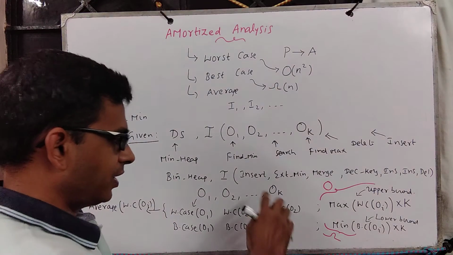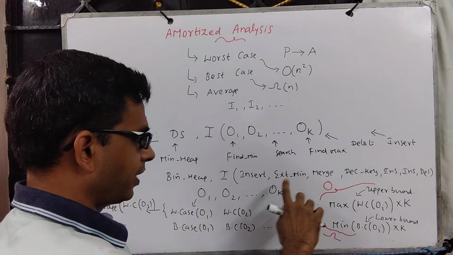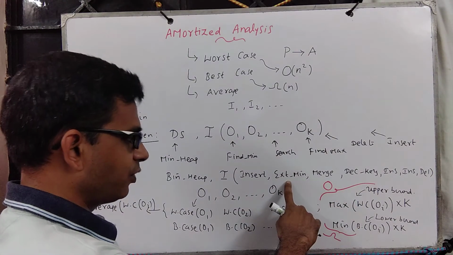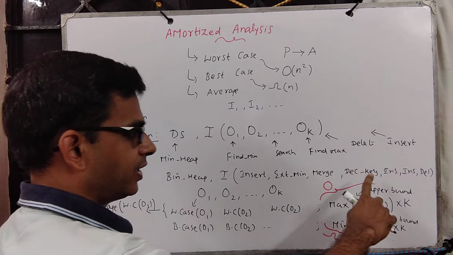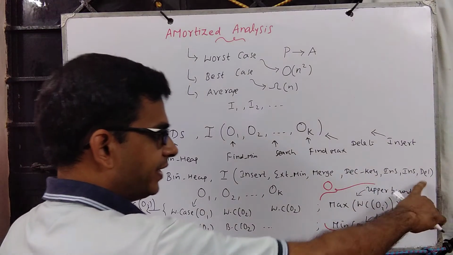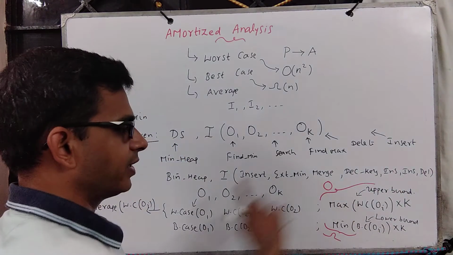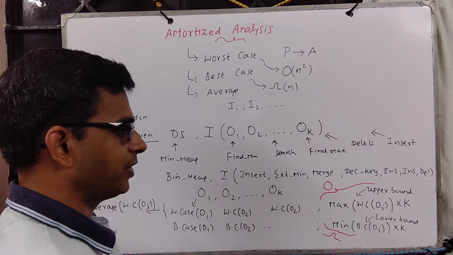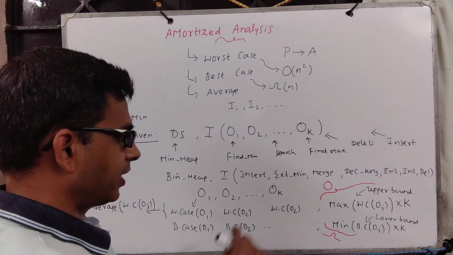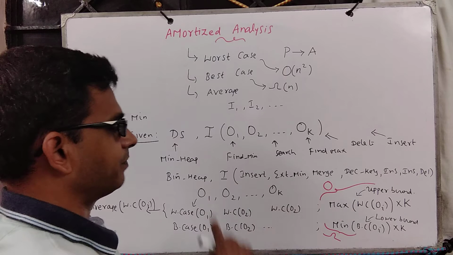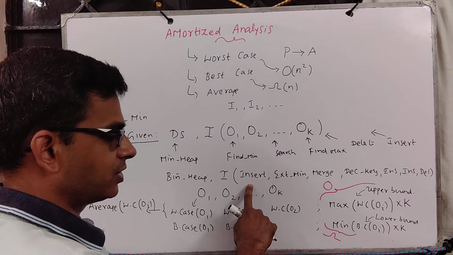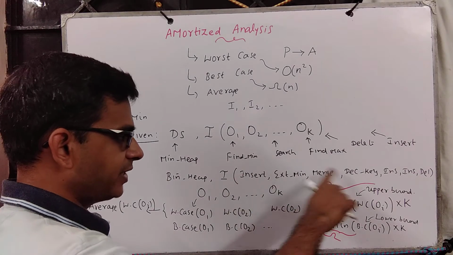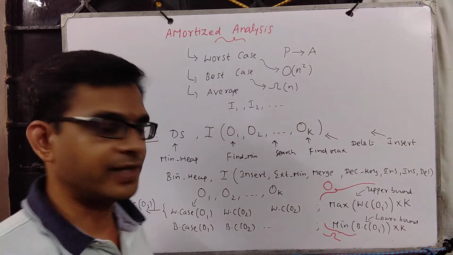There are, this itself you see, extract minimum is invoking merge, and delete is also invoking merge and extract minimum. So these operations are related. Insert can be seen as merge. So these operations, they are not independent.